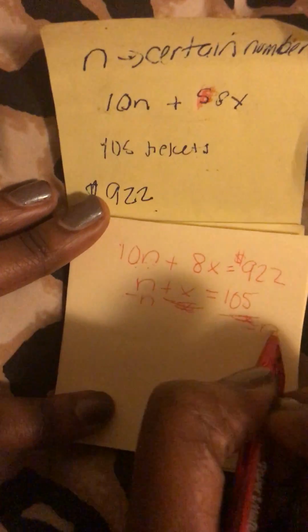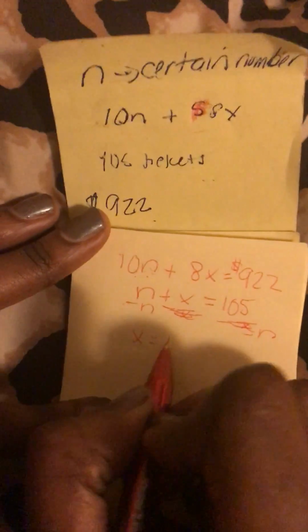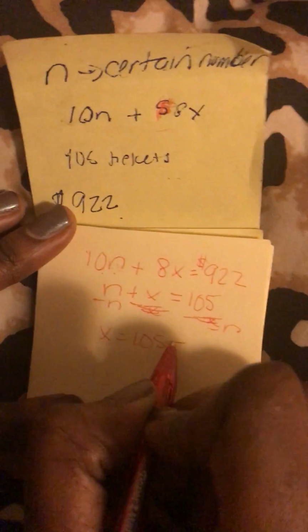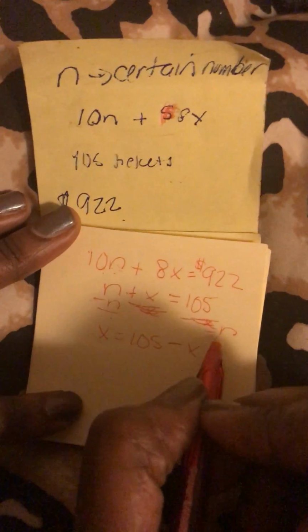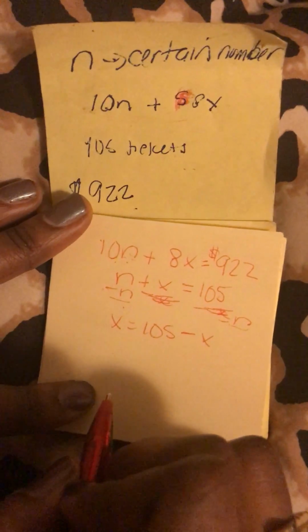Minus N, minus N. So X is equal to 105 minus N, because I'm taking N away from the right side.